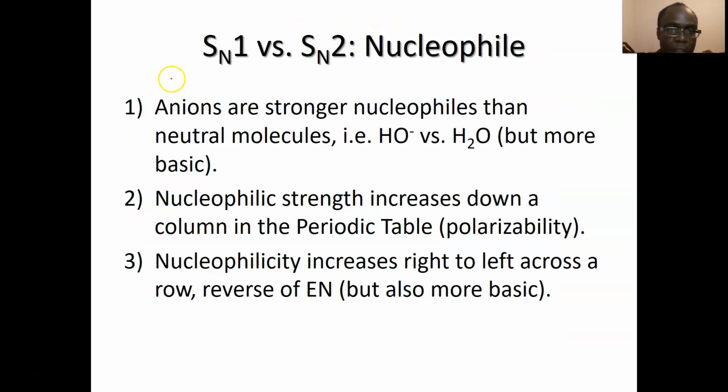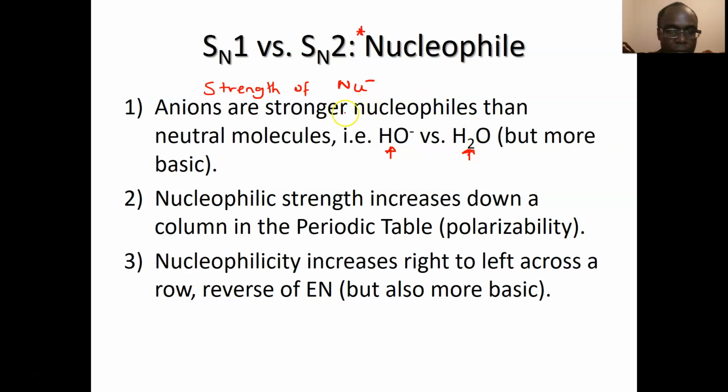Okay. The other factor that favors one reaction over the other, comparing the two substitutions, is the strength of the nucleophile. So SN2 prefers negatively charged species, and I told you negatively charged species are stronger nucleophiles than their neutral derivatives.